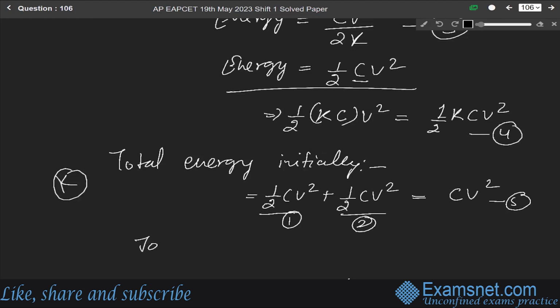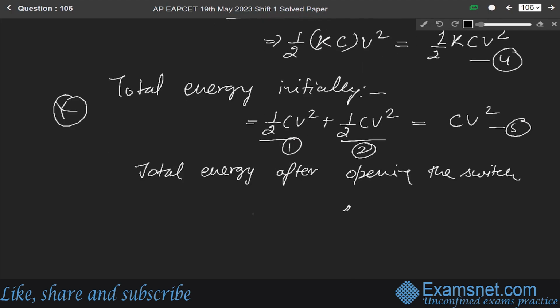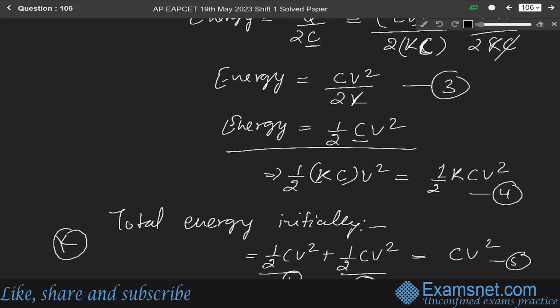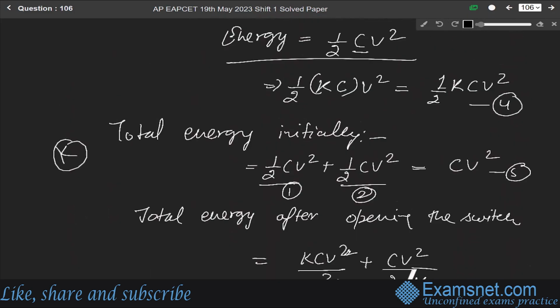So the total energy after opening the switch will be KCV square over 2 plus CV square over 2K, meaning we add equation 3 and equation 4.